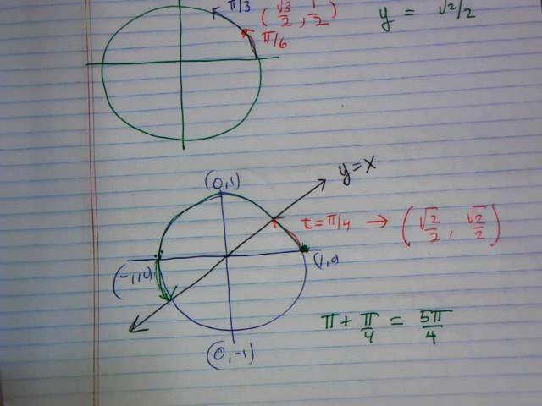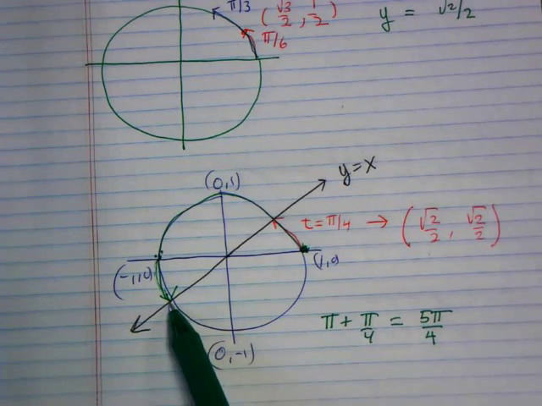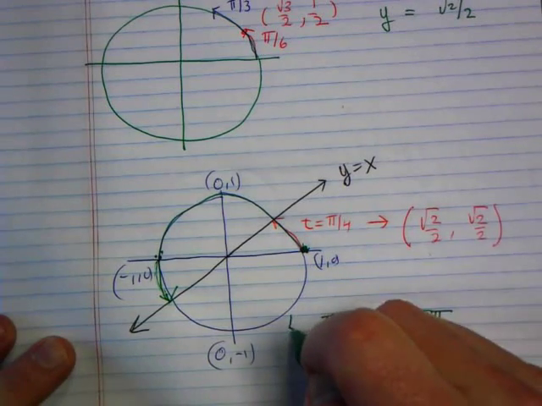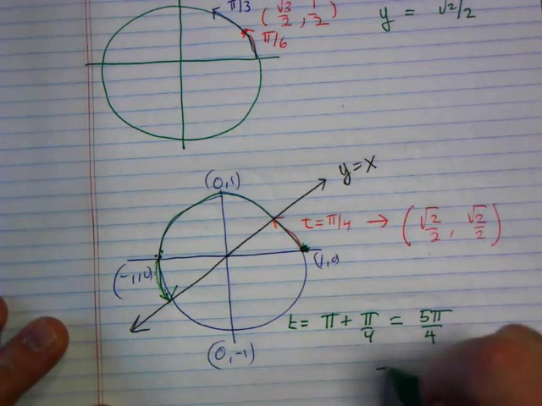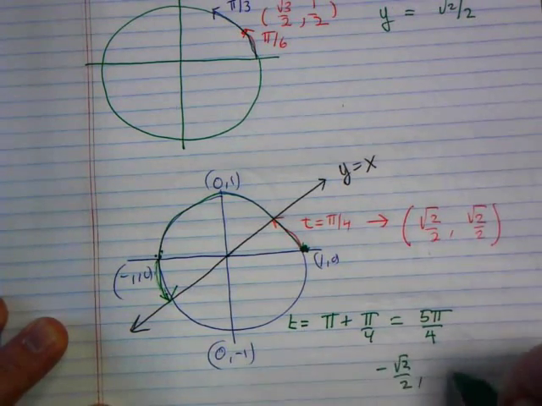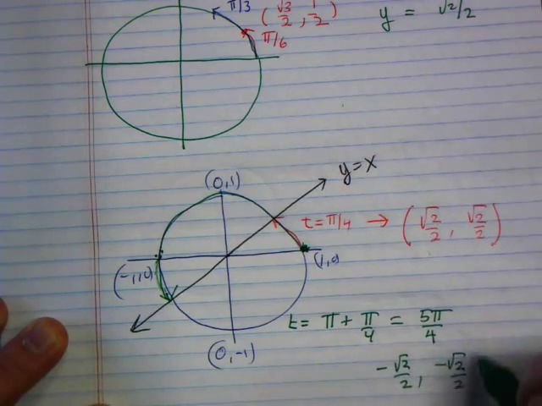What's the terminal point? What are the x and y values right here? Negative root 2 over 2, negative root 2 over 2.